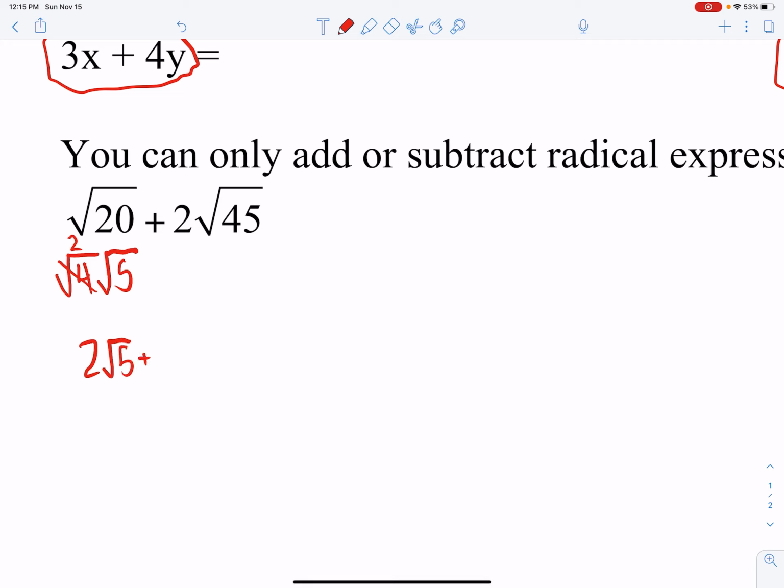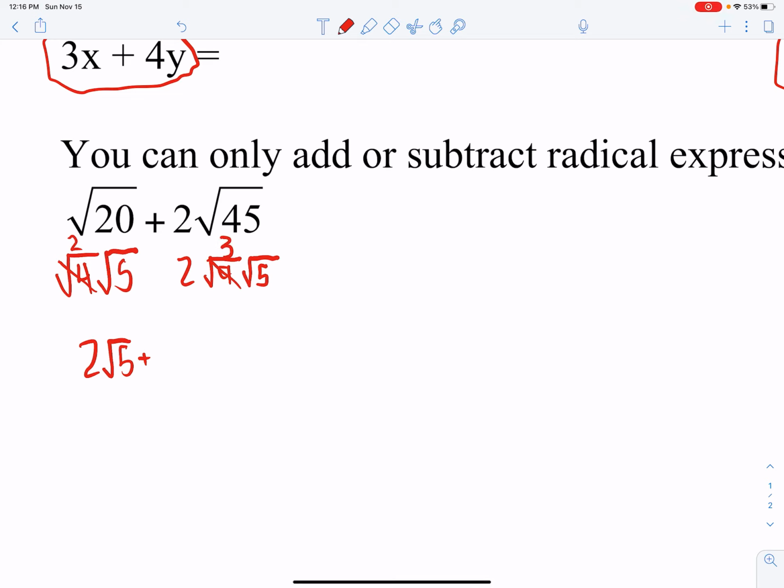Working on the next one, notice we've got a 2 at the front, and we need to split up the square root of 45 into 2 parts. And we think, what number can we take the square root of that goes into 45? And it's 9. So we split 45 up into 9 times 5. And the square root of 9 is 3.